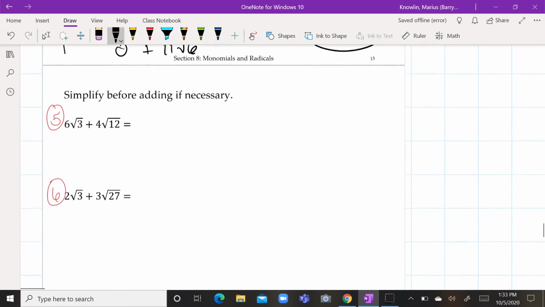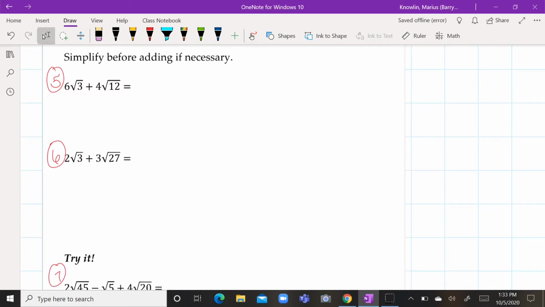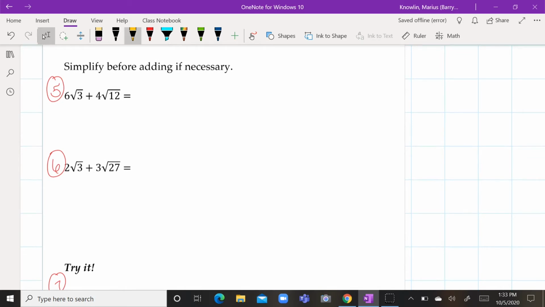Alright, now let's take a look at what happens if we have to simplify before we add. First of all, we'll write it out. We know we can't factor the 3, but the 12 can be factored. The square root of 12 can be written as 4 times 3. Let's write it as separate square roots: square root of 4 times the square root of 3, and you keep the 4 on the outside.